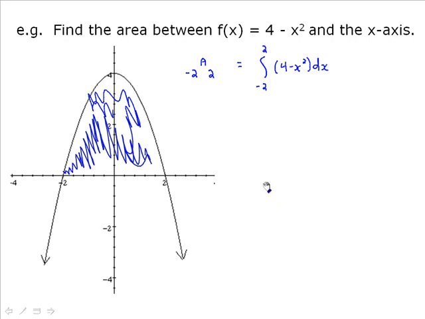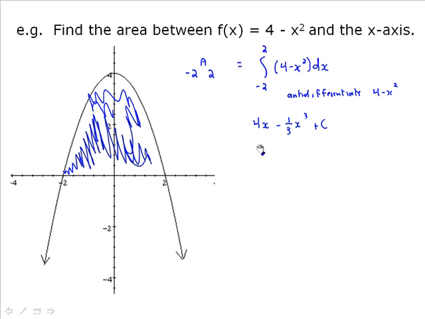So when we get here, we take the antiderivative of 4 minus x squared. Anti-differentiate 4 minus x squared, and what you end up getting is 4x minus, well, that would be x cubed, 1/3 x cubed plus c.